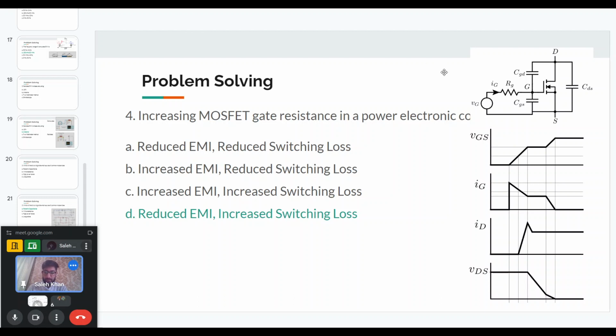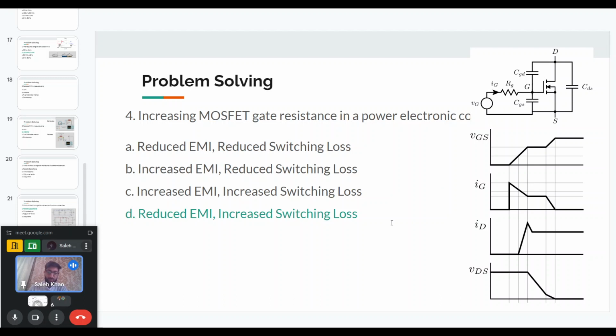Okay, so for this question, the answer is that by increasing the gate resistance, we can reduce EMI, but it will increase the switching losses. So that is why this is not a preferable solution to reducing the EMI, because it creates some more problems.